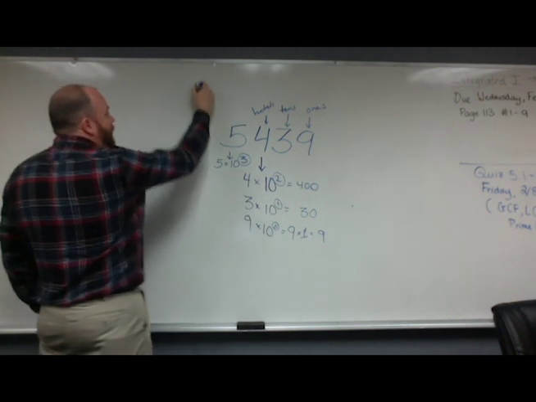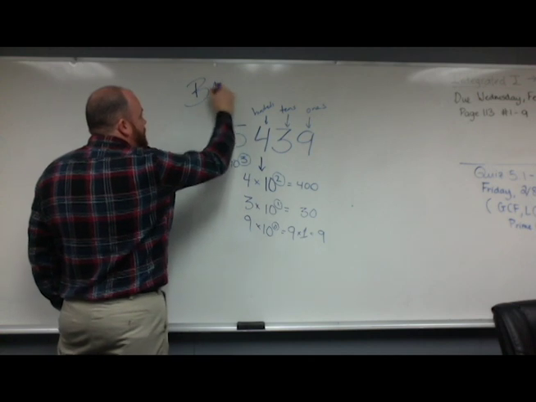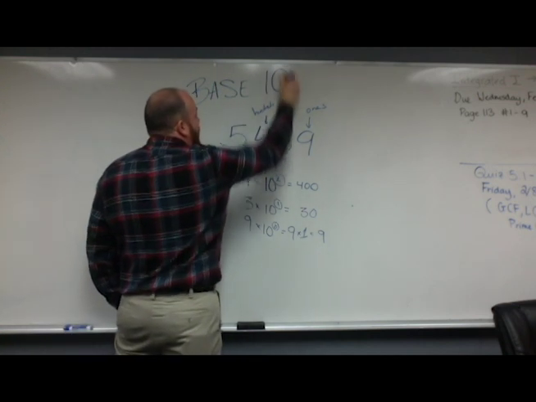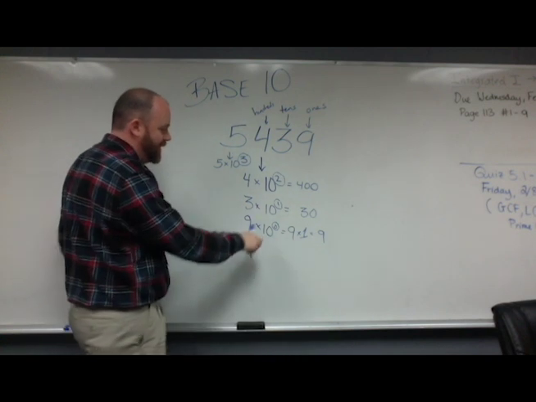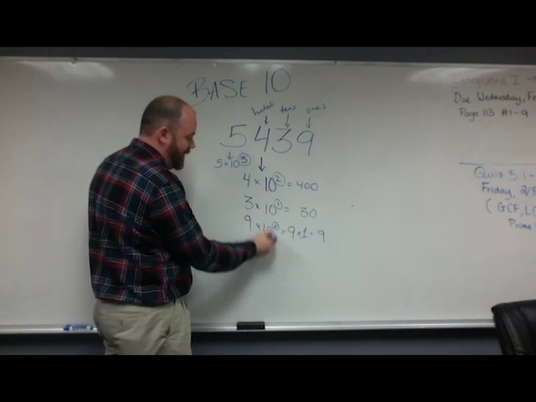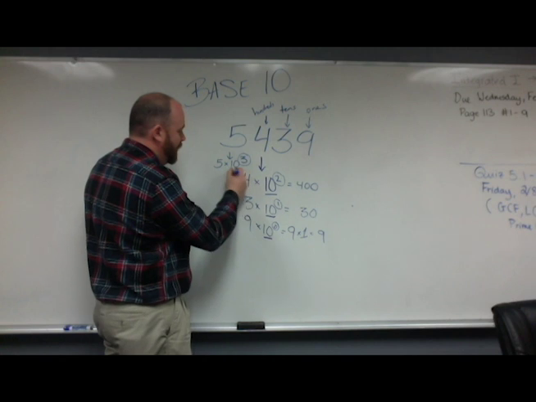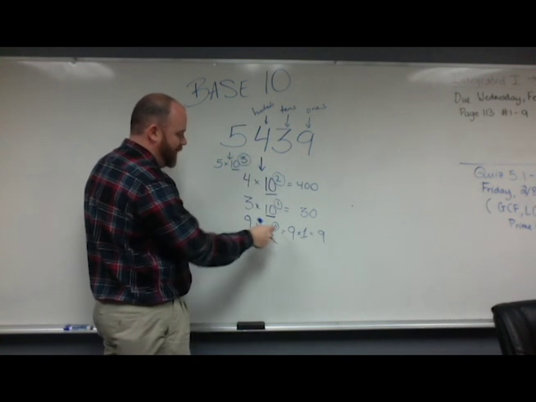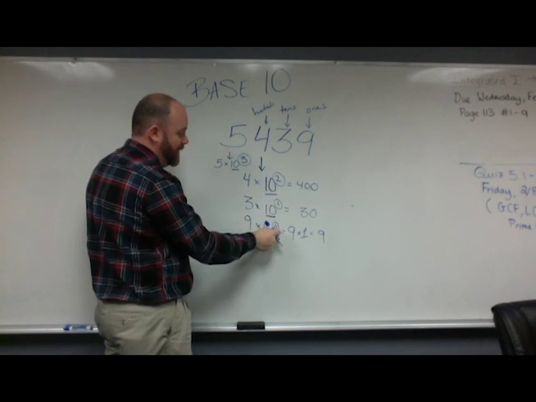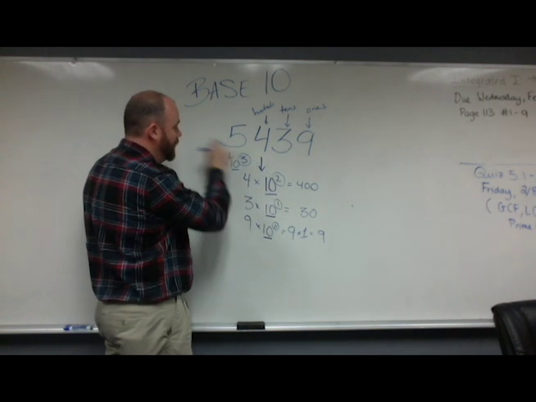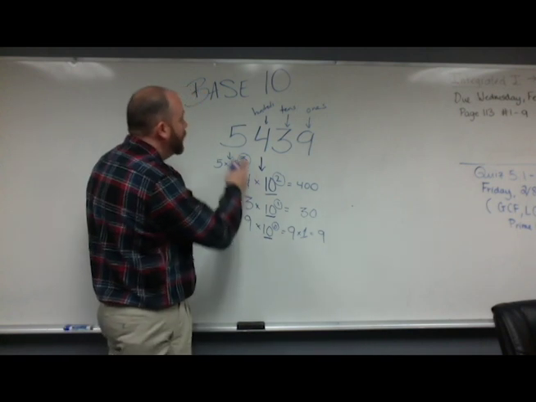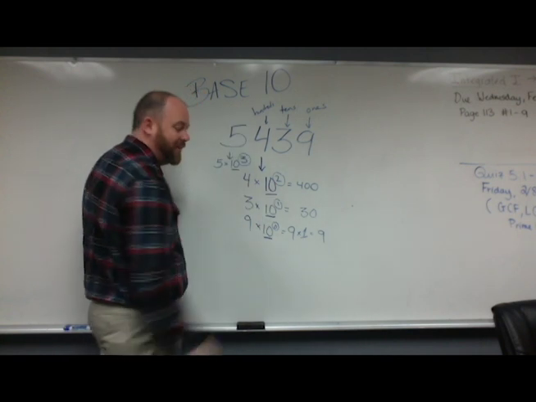Another way to talk about the number system that we just described is to say it is a base 10 number system, which means this number is always a 10. This number changes based on the value, and then this number changes based on the place, 0, 1, 2, 3, 4, 5, 6, and so on that way, right? And so the base that we're basing it on is 10.